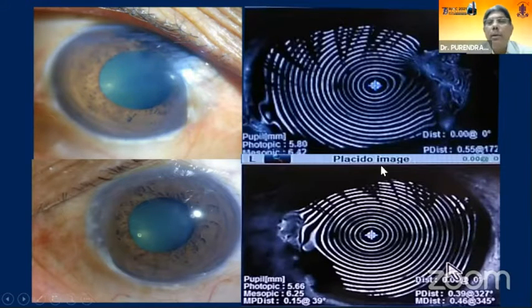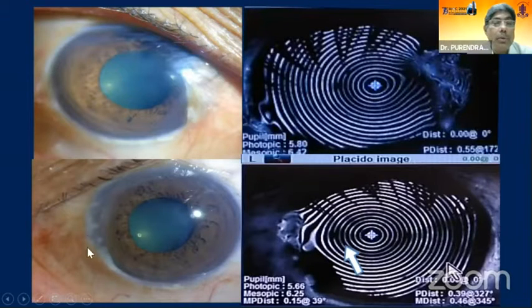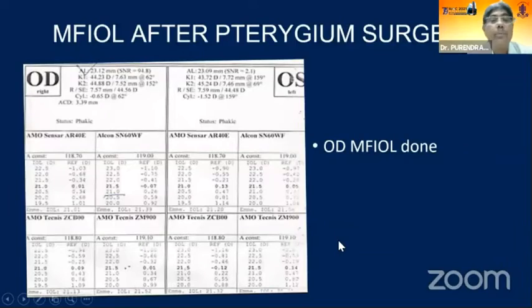This is the Placido disc image of a patient with an irregular mass, and it causes irregular astigmatism on topography. Even a subtle pterygium like this at the bottom can induce astigmatism, like you can see the change in the irregularity of the mires.